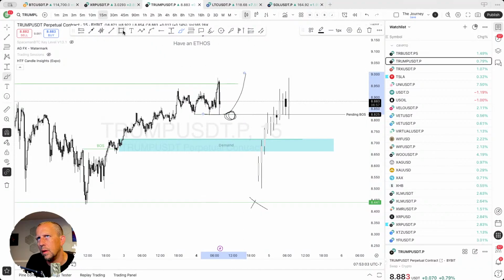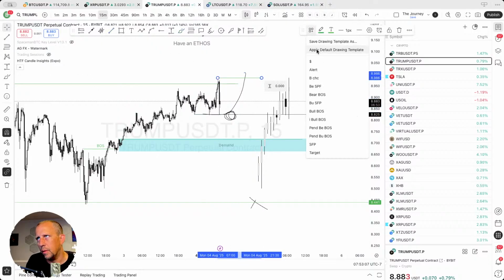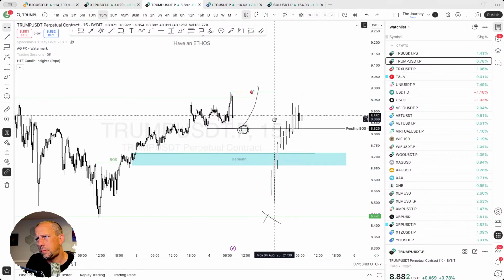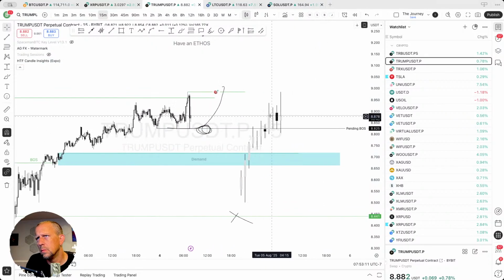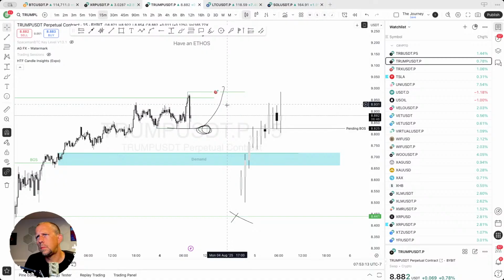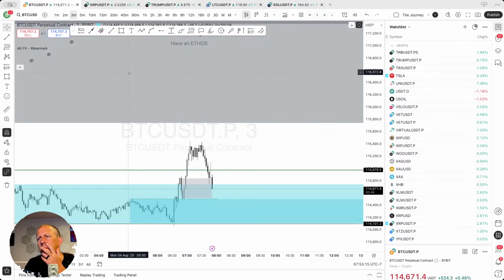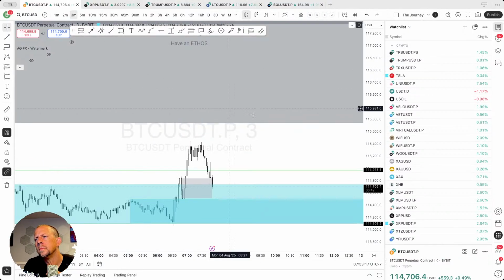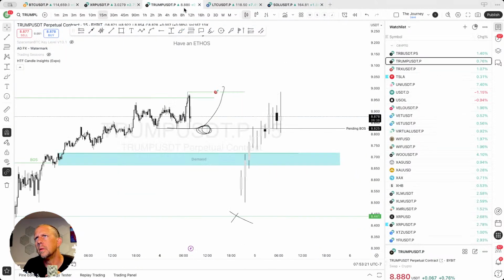I think this still very much could get hit at this point. That's what I think. I guess it all depends on what Bitcoin decides to do, though.